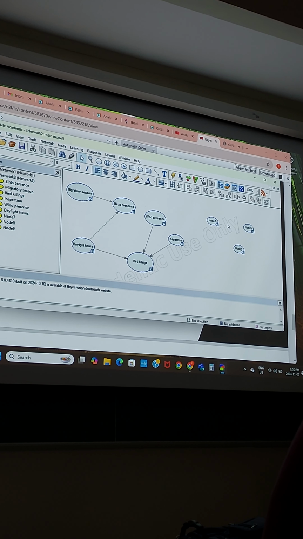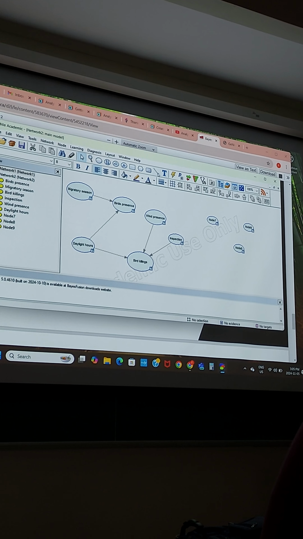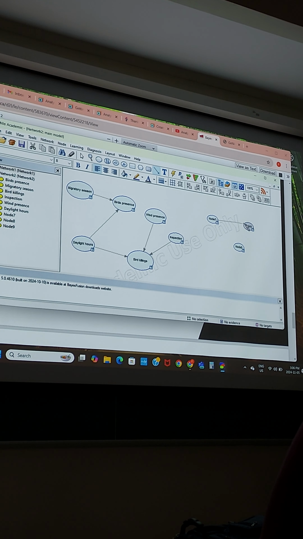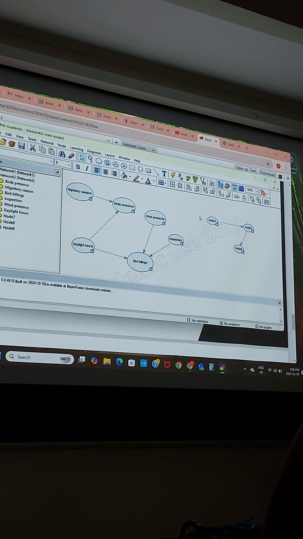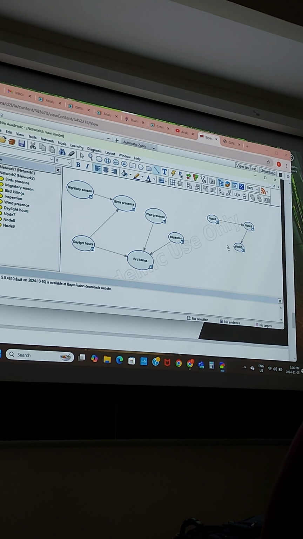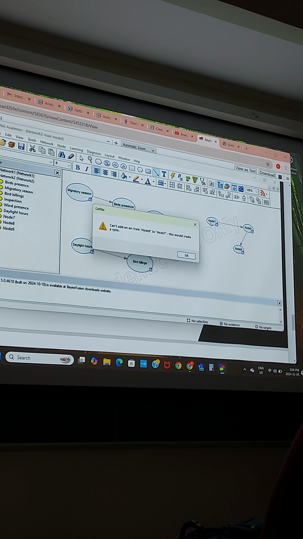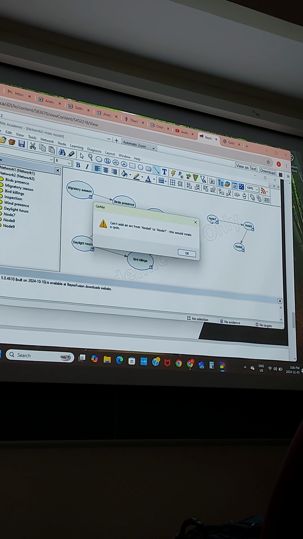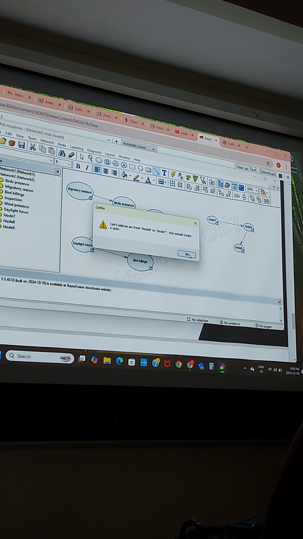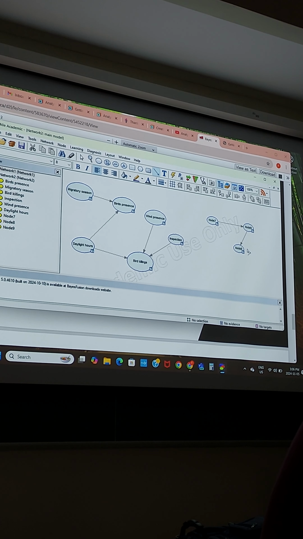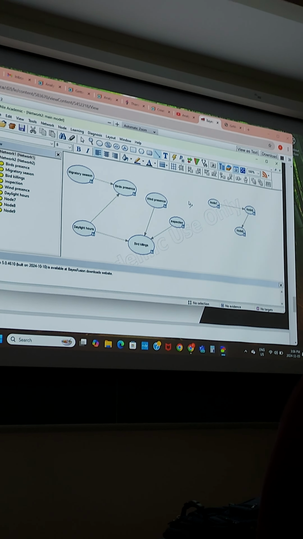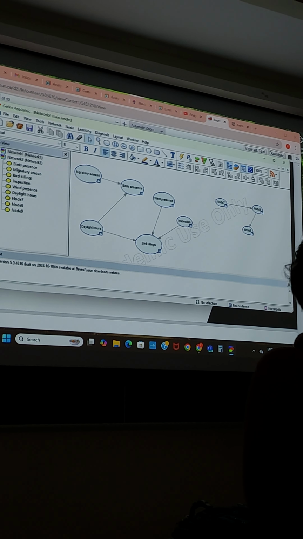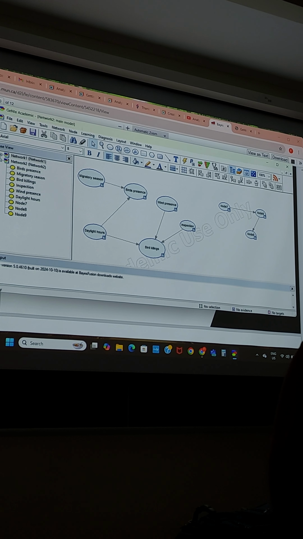We can't have connections like this. You understand? Why? Because it will become a cyclic network, and cyclic networks you can't make. The tool itself doesn't allow you to.